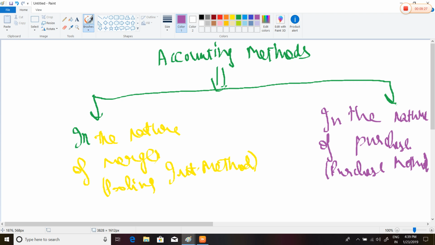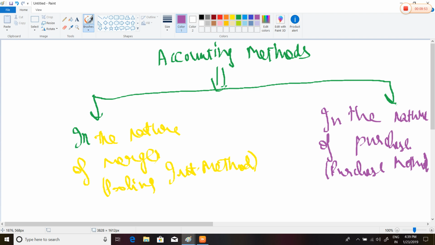I repeat, the purchasing company will not take over share capital, reserves and surplus, and miscellaneous expenditure, like preliminary expenses and so on, of the vendor company. It means the purchasing company will take over only assets and liabilities under the scheme of amalgamation.